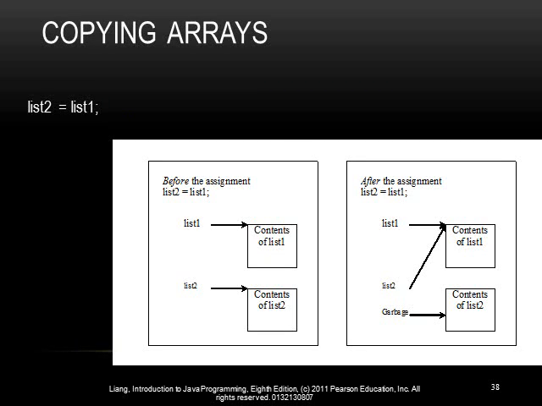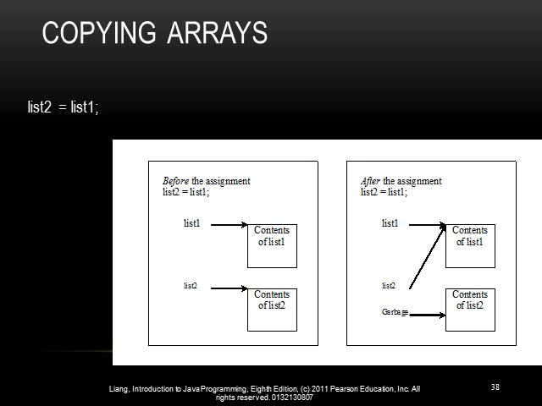Often in a program we need to duplicate an array or part of an array, and as such you may attempt to simply use the assignment operator. So we want to copy the contents of list1 to be the contents of list2.